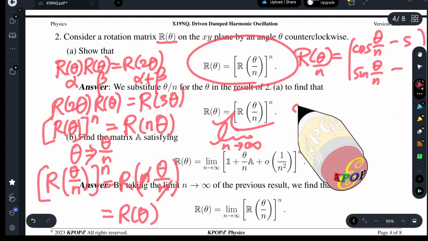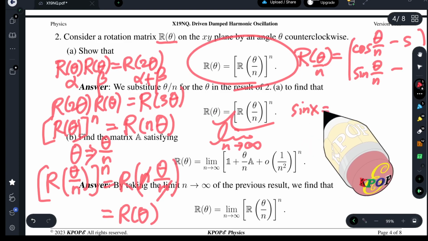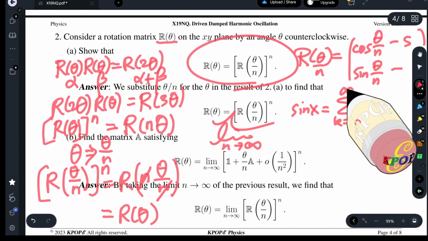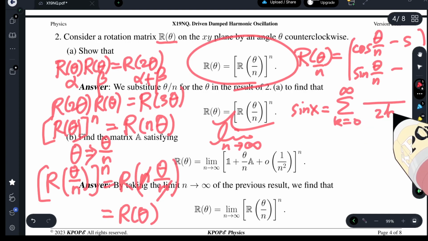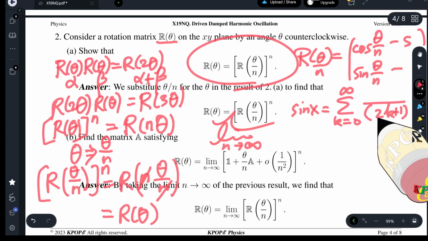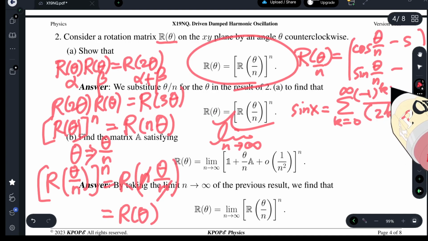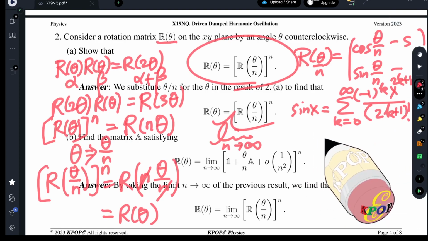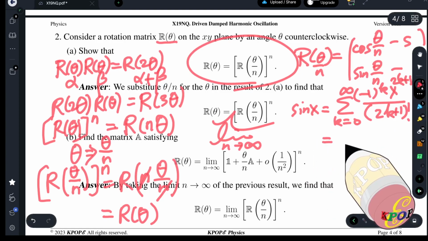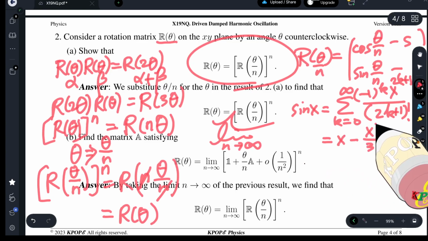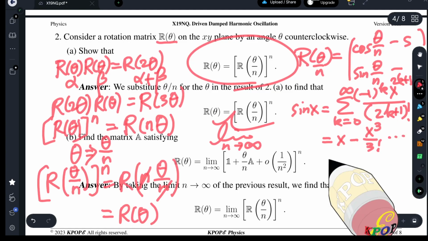We remember that sine of x begins with x, minus x cubed over 3 factorial, and so on.